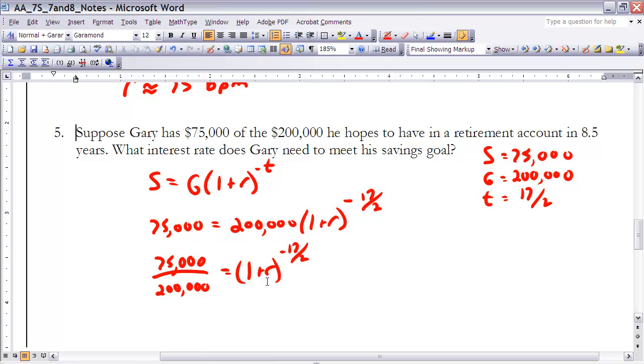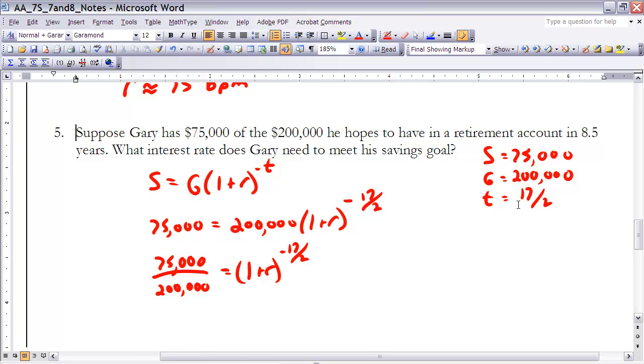I want to solve for R, so I'm going to plug in what I know. My savings is 75,000. My goal is 200,000, and the time, instead of 8.5, I want to write as a rational number. So I'm going to write that as 17 halves.